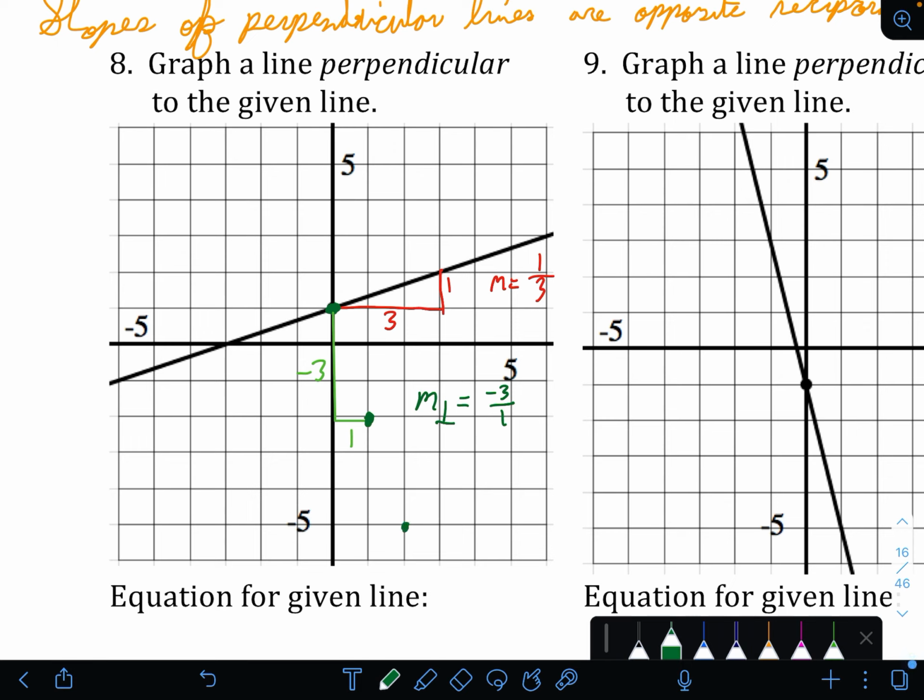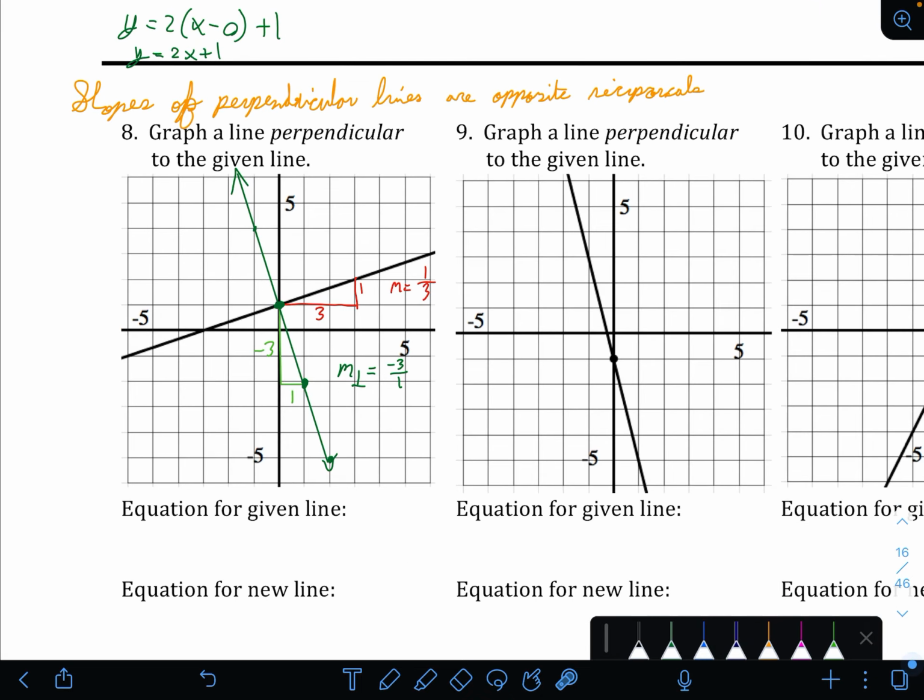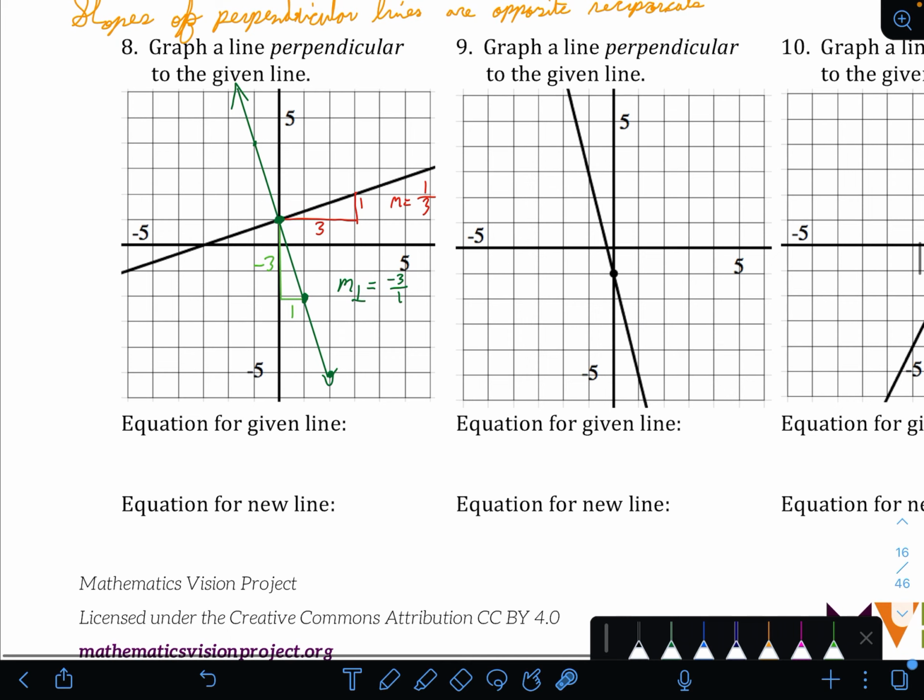Down 3 over 1, down 3 over 1, get some more points on there, and graph our line going through. This is our perpendicular line. And you'll notice that the perpendicular line makes a nice right angle with the original line on all different parts of it. So that is really cool.